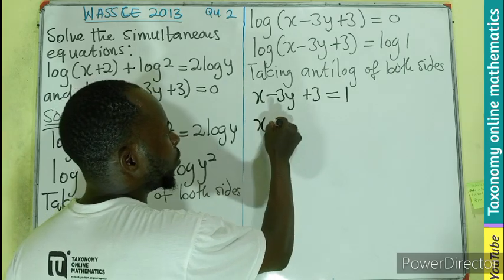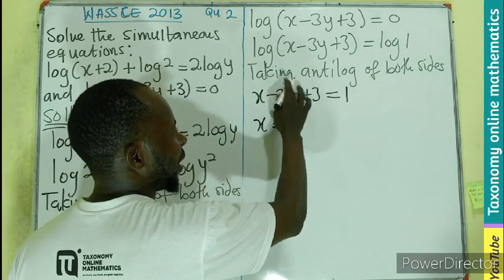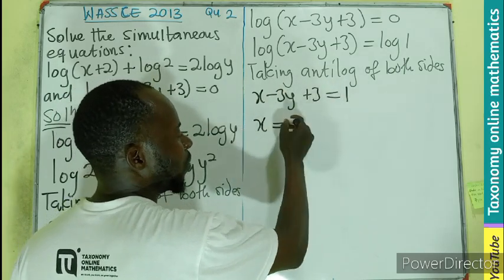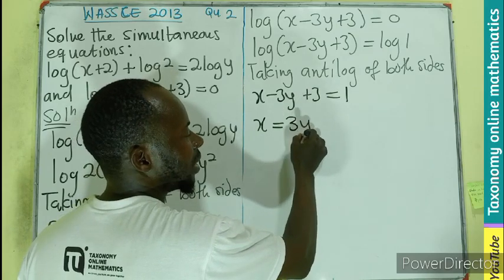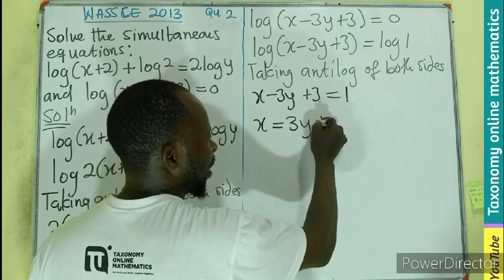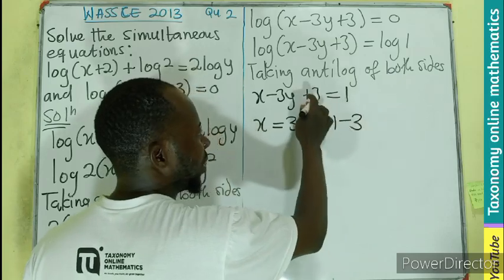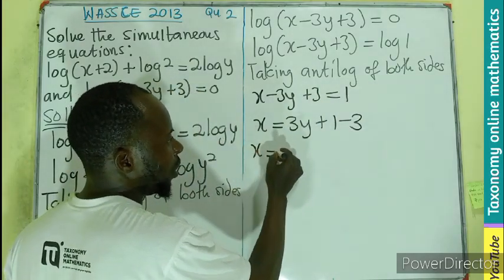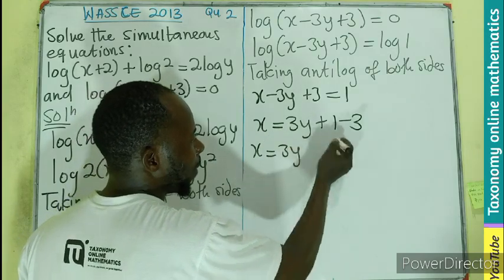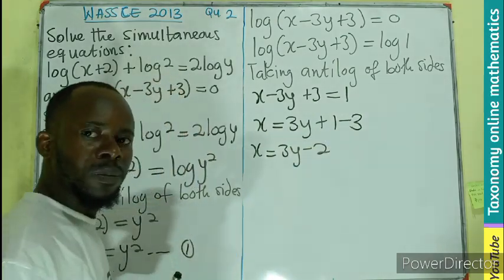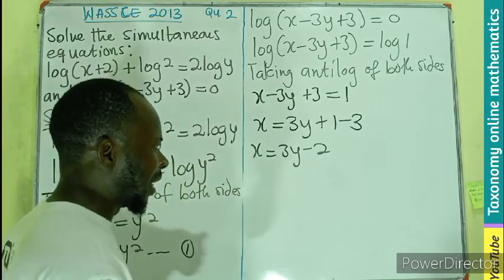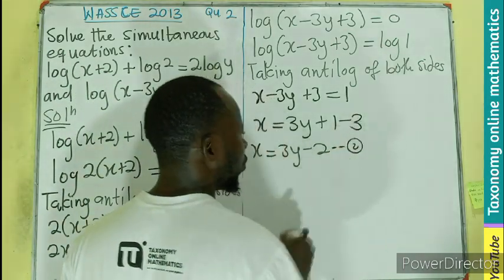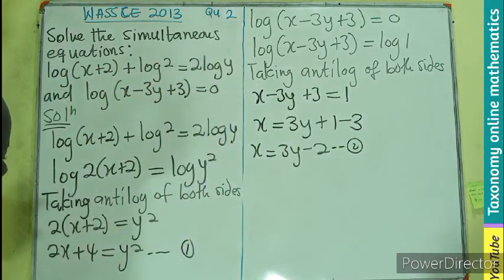So x will be equal to, when 3y crosses to become positive 3y, then plus 1 minus 3. You know, this is coming from the left to become negative. So your x will be equal to 3y minus 2. So we have our x. Let's just say this is our equation 2. So equation 1, equation 2.